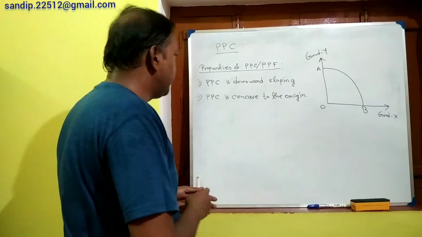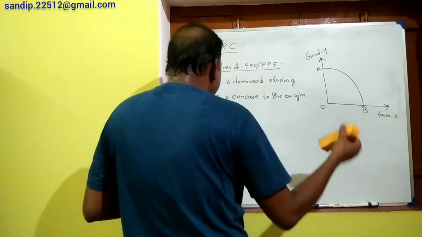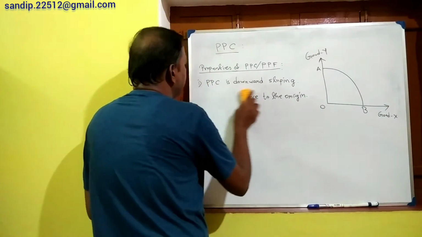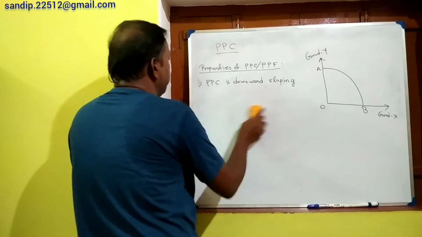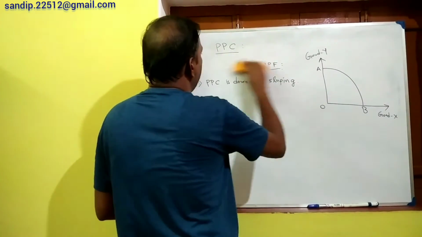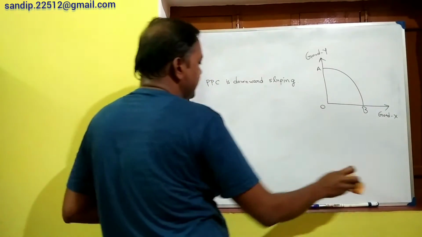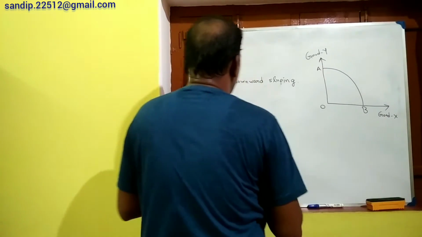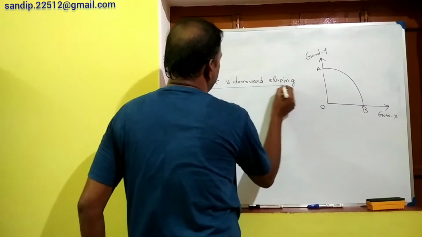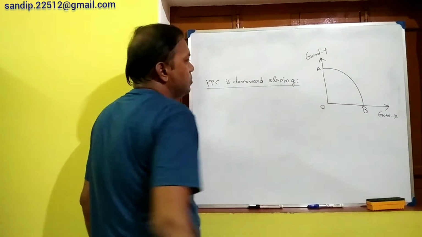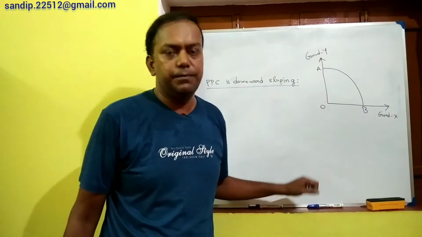But before that, we have to prove the first property. So now I am going to prove the first property, that PPC is downward sloping. How can we prove it?